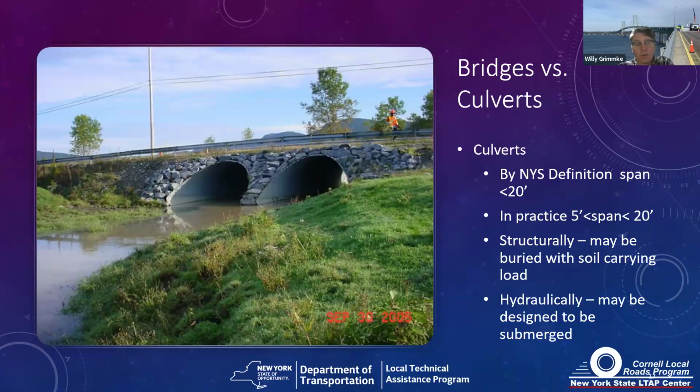But structurally, they behave differently as they are buried, and a lot of the load carrying capacity on culverts is from the surrounding soil. And from a hydraulic standpoint, they are often submerged partially or totally during high water events.